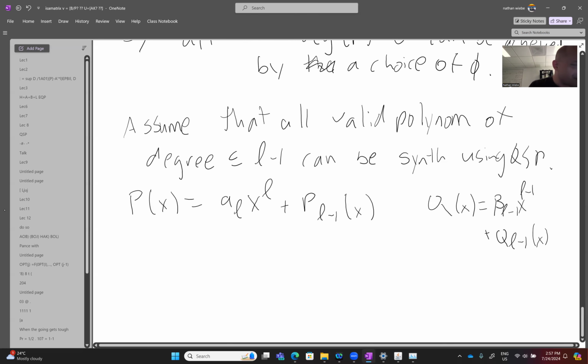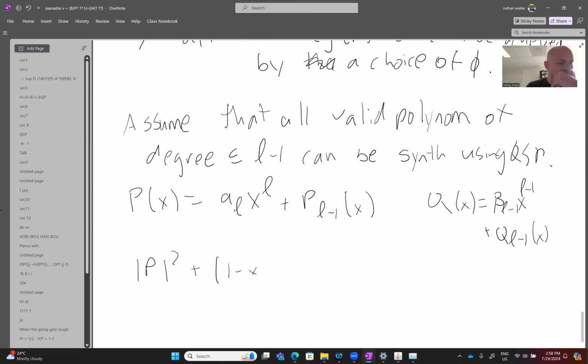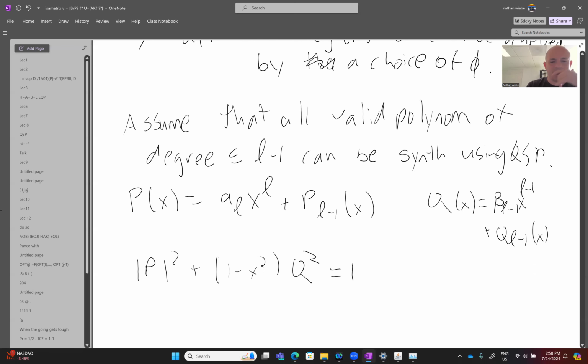Now, because of the assumptions that we made, we have to have that P squared plus 1 minus x squared Q squared equals 1 for all x, because we assumed it must be a polynomial with respect to our three criteria.